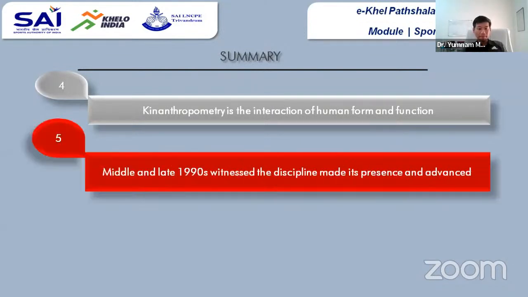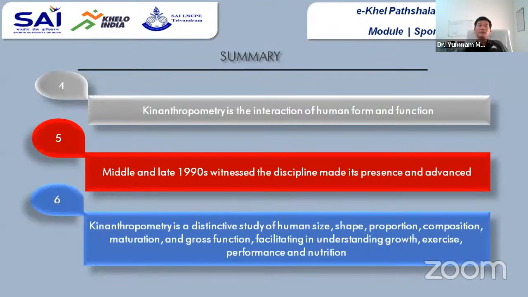This subject, kinanthropometry, started around the 1970s and witnessed the discipline making its presence and advancing during this period. By the 1990s it had advanced a lot, with many techniques and tools and improvement studies. In the 1960s and 70s, studies of Olympians were done, on physical structure and somatotyping. So by the 1990s it had developed a lot.